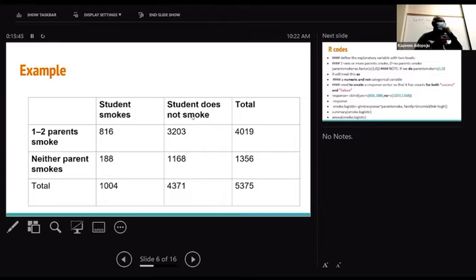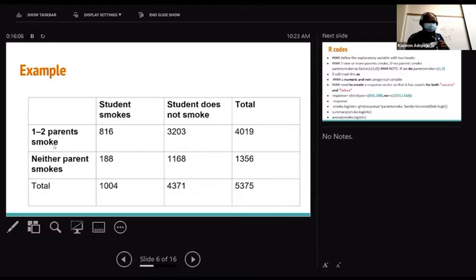5,375 participants were actually investigated, and of course, 816. If you look at the total number of students that smoke, it's 1,004. The students that do not smoke, 4,371.